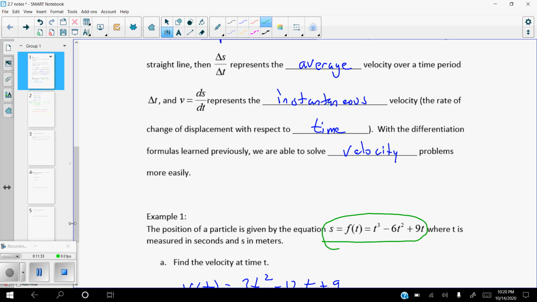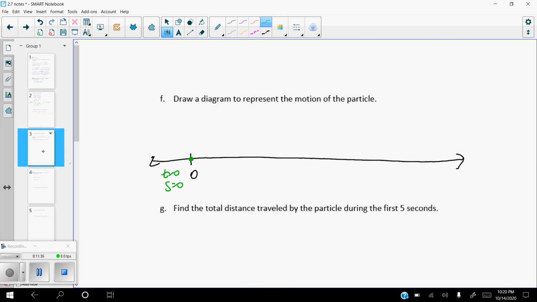So at time t equals 1, the position of the particle is at 4. So 1, 2, 3, 4. So at time t equals 1, the particle is here. t equals 1, s equals 4. So the particle has moved in this direction until we've gotten to here. I'll put little arrows on there just to indicate that was the motion direction, to the right.